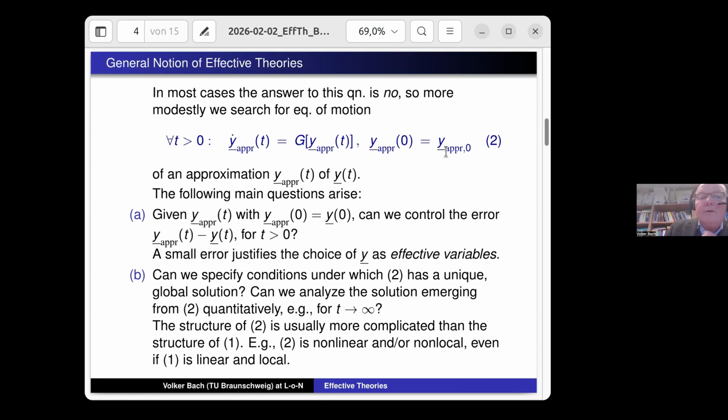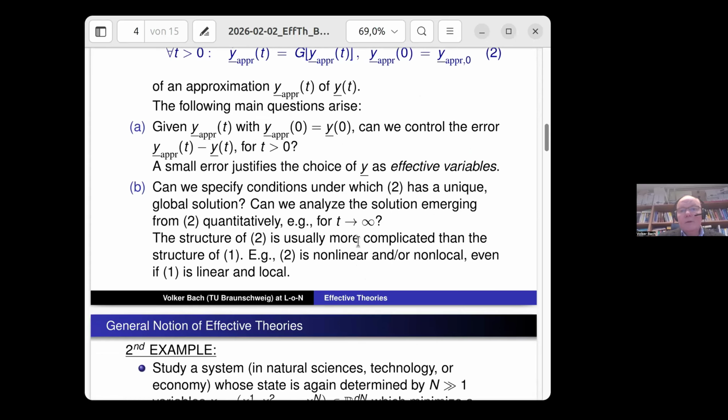If we had originally a partial differential operator, it will be something non-local, say a pseudo-differential operator at best. And this is the case even if the original equation is linear and local. So we pay this price.